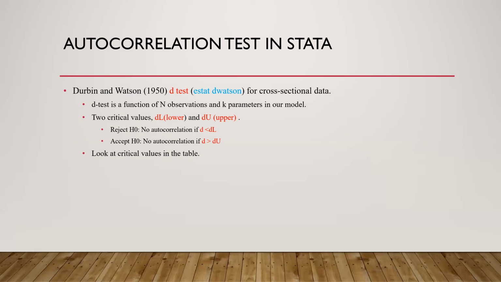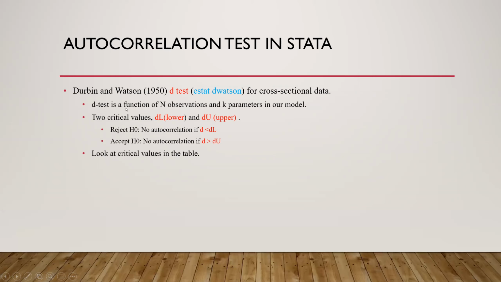And we use the d statistic, which is a function of the number of observations we have and the number of parameters, that is, the number of independent variables. And then we use the table provided by Durbin and Watson. And we have two values to look out for. We have what we call the lower bound and then the upper bound values.